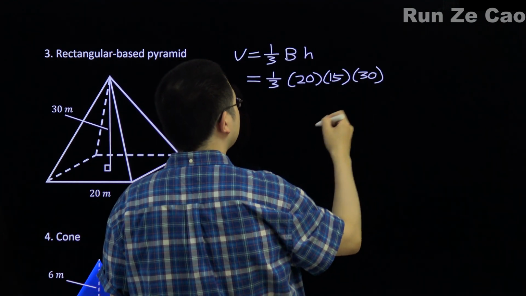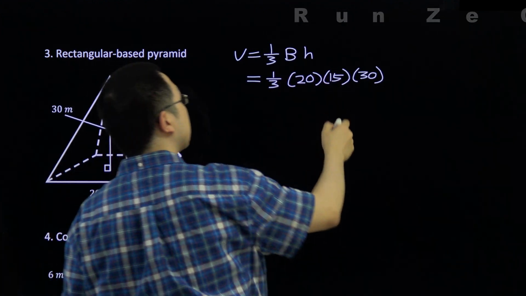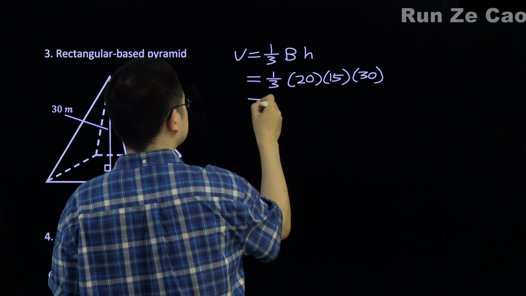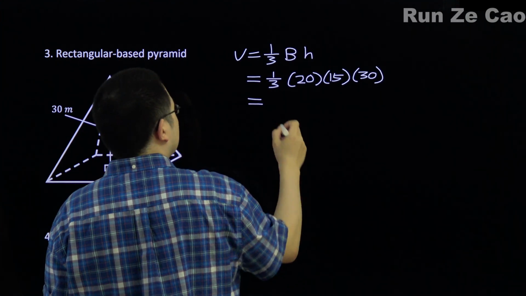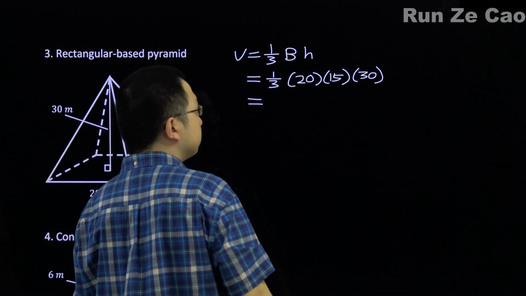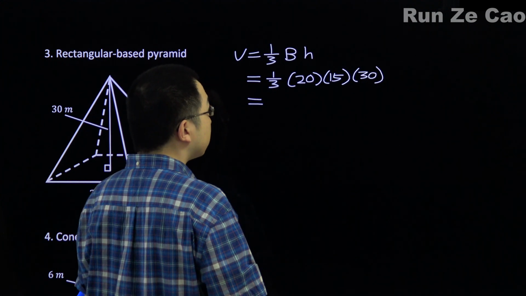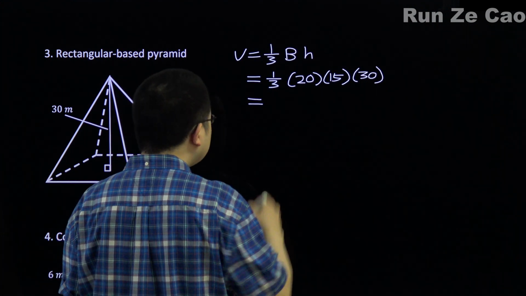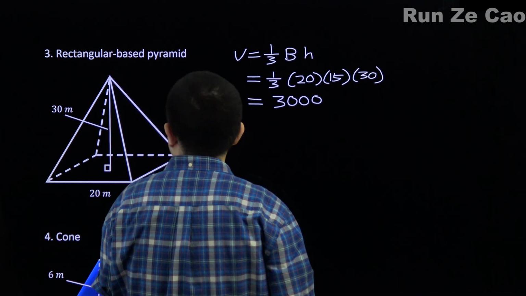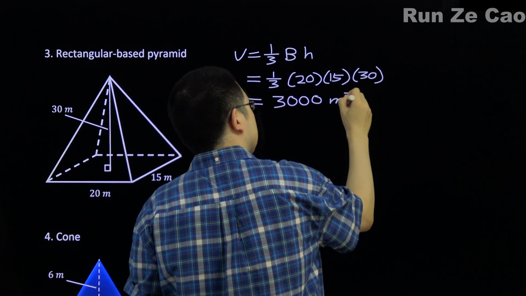If you're not comfortable going straight to this, you can substitute length times width in the middle with 1/3 and the height substituted in already. So you got 10 times 20 by 15. 20 by 15 is 300. And then times 10, 3,000. And these are all in meters, so it's going to be in meters cubed.